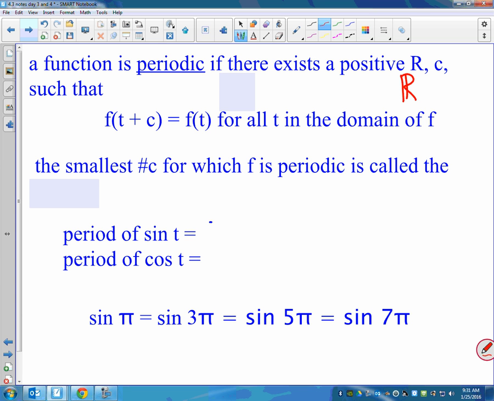For basic sine and cosine, we already know the answer: it's 2 pi. We say that is the period of the function, how long it takes to repeat.